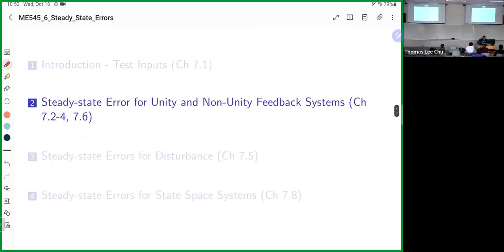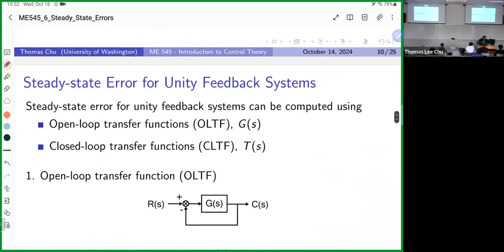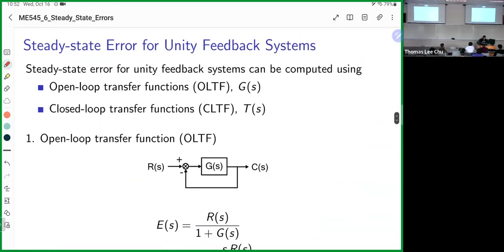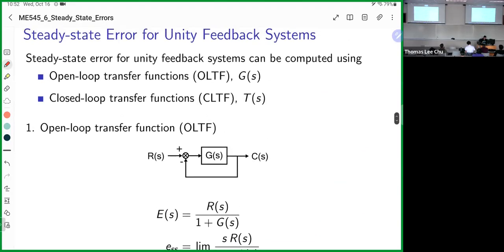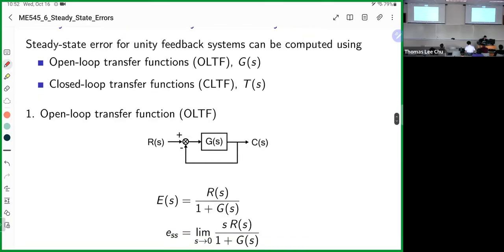So now we're going to move on to steady state error for unity and non-unity feedback systems. Basically, the textbook likes to use the form unity feedback systems for calculating error. Here are the equations for it. So for your open loop transfer function, G of S, and I just want to drive this point here.